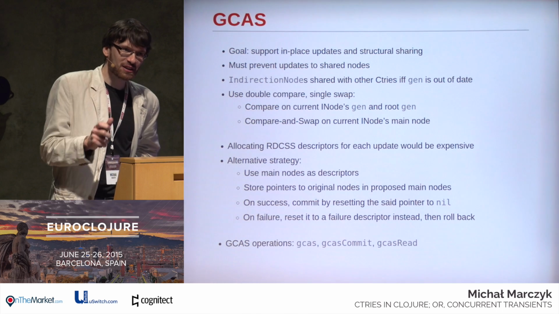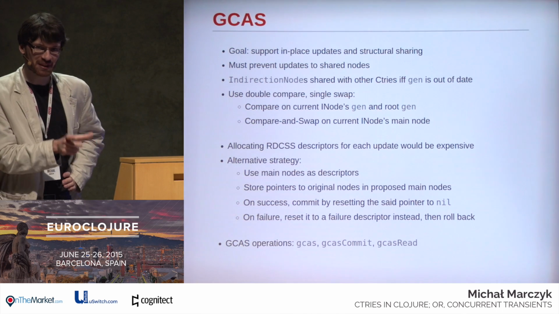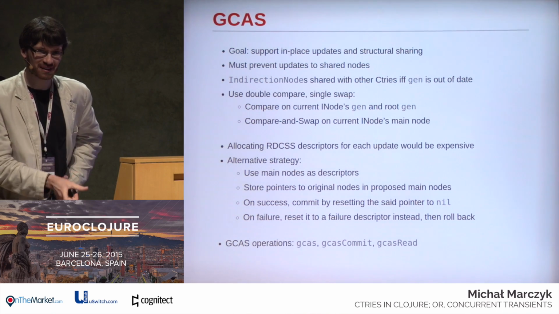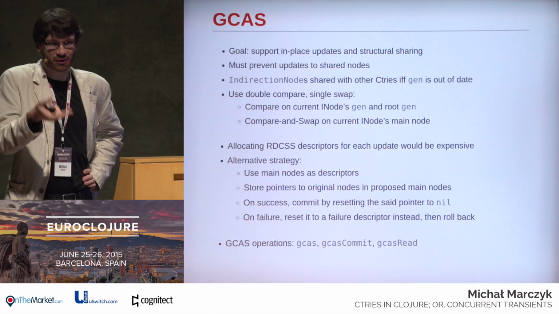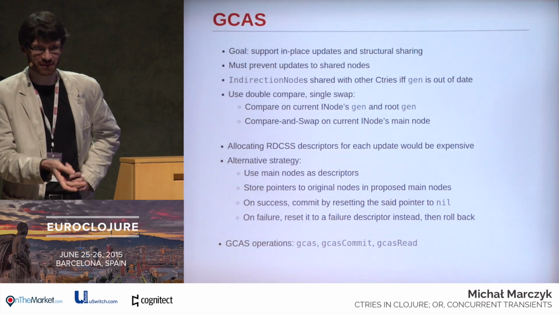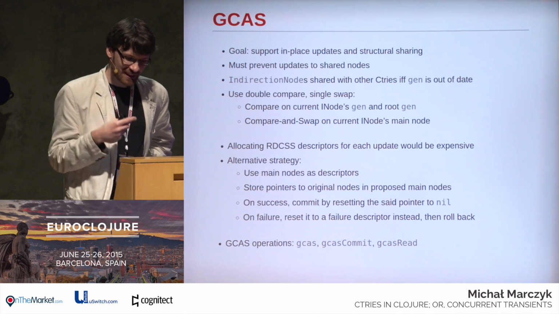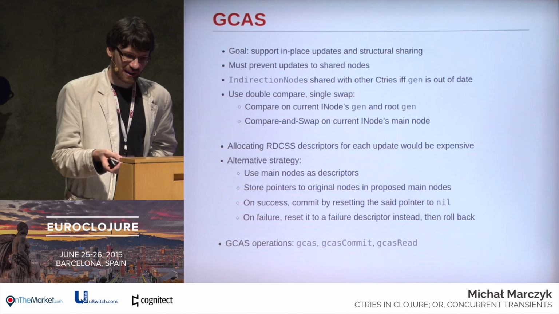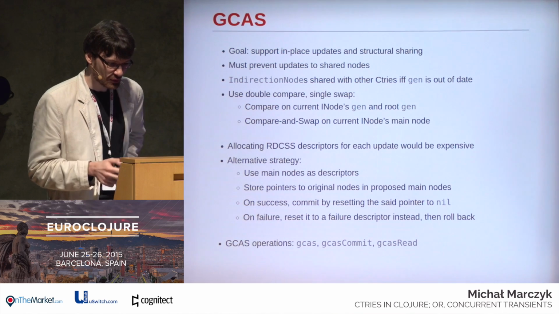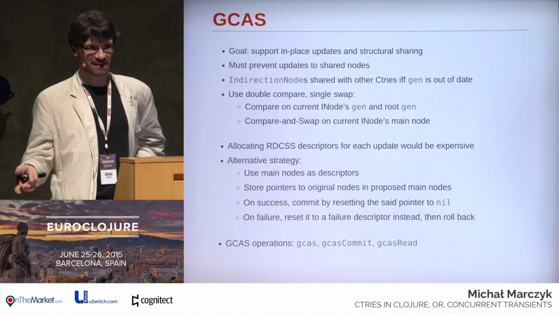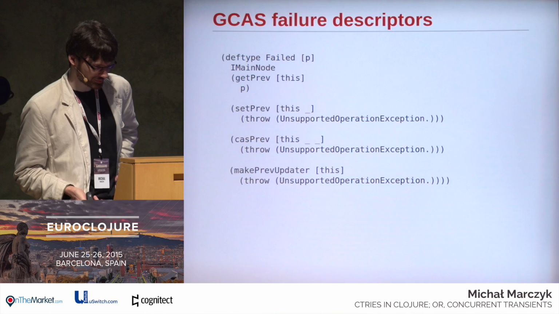Now, the design goal here is to do something similar to what RDCSS accomplishes, but also not to allocate an intermediate descriptor if possible. So the alternative strategy that GCAS uses is to use main nodes themselves as descriptors.